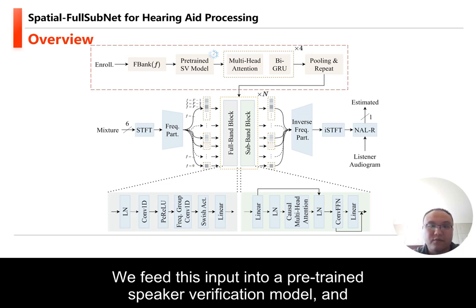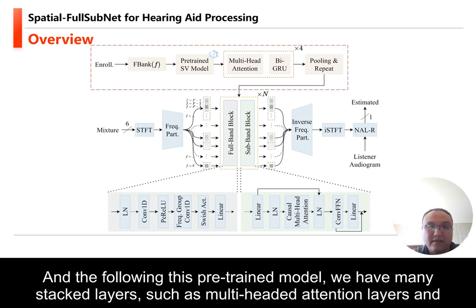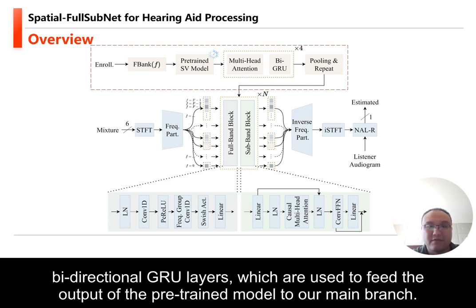We feed this input into a pre-trained speaker verification model, and we use this model to improve the generalization to unseen speakers. Following this pre-trained model, we have many stacked layers, such as multi-head attention layers and bidirectional GRU layers, which are used to feed the output of the pre-trained model to our main branch.